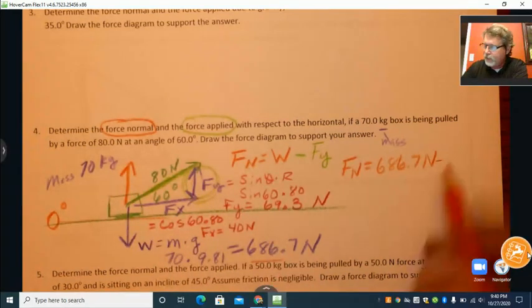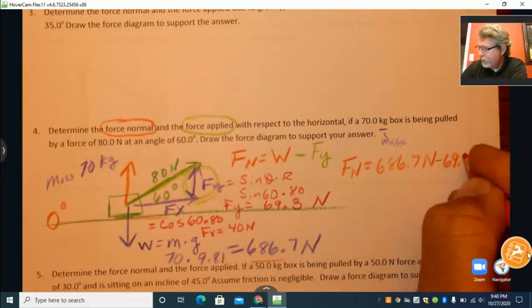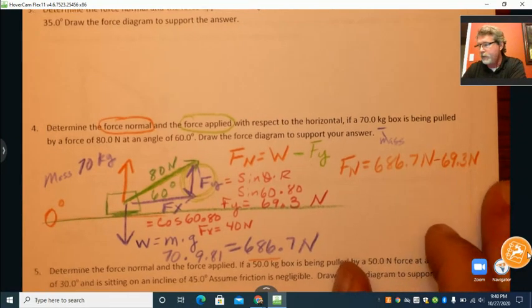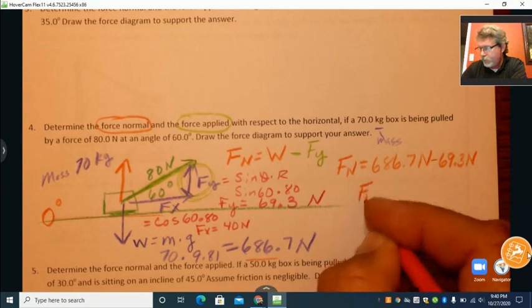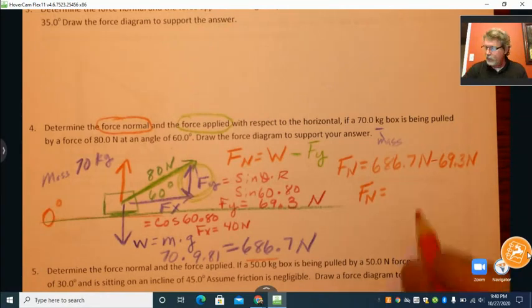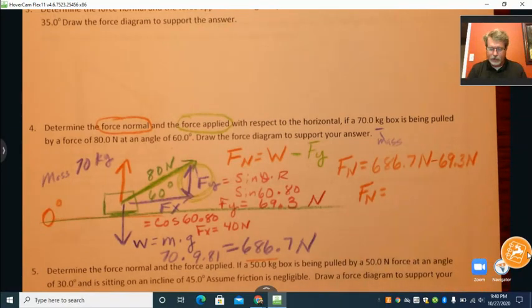We know that to be 69.3 newtons. Now we're ready to get that answer. Force normal equals 686.7 minus 69.3, and I got an error is actually what I got.